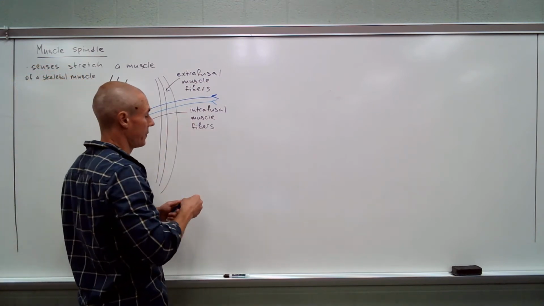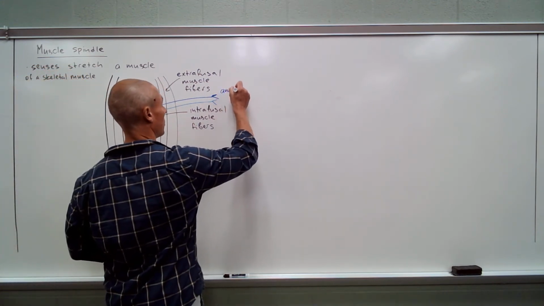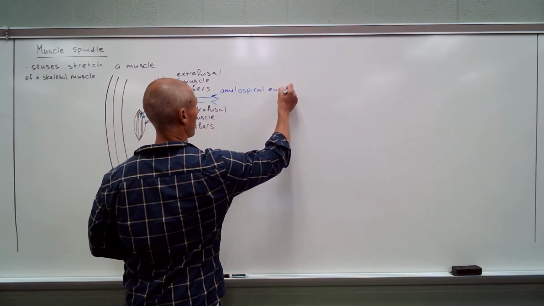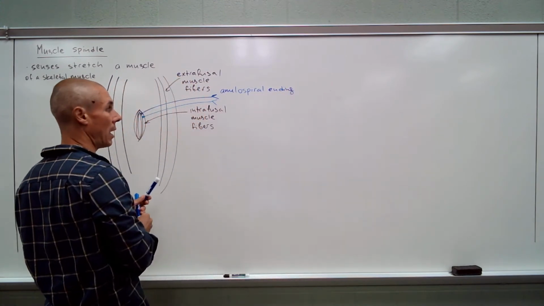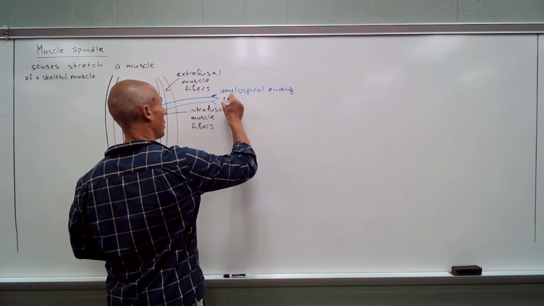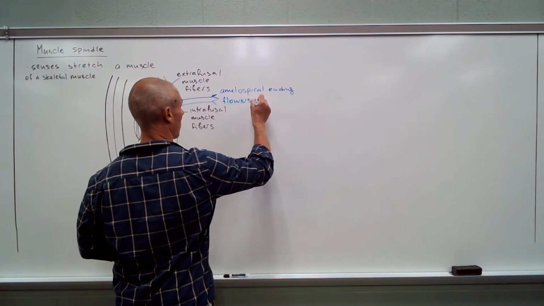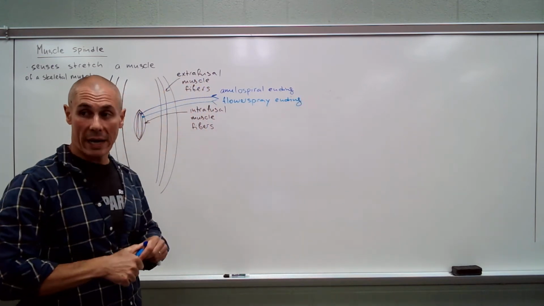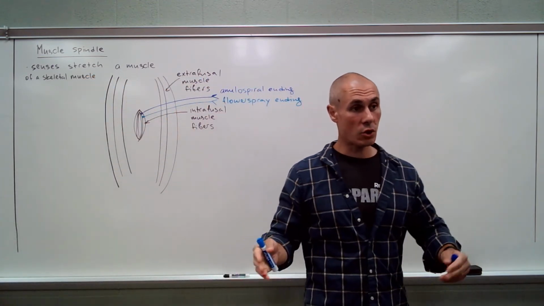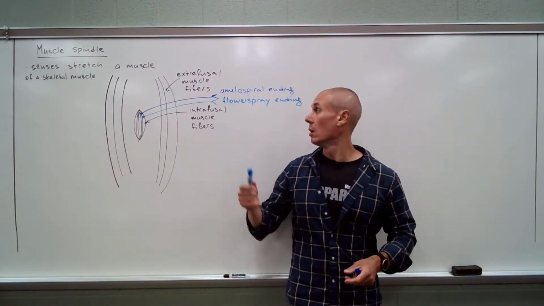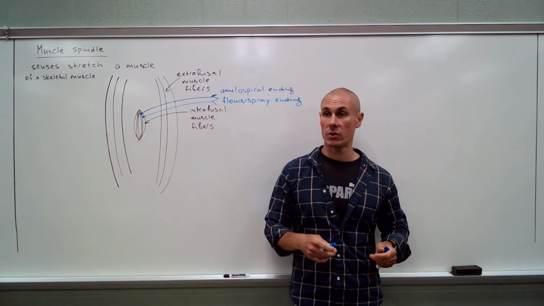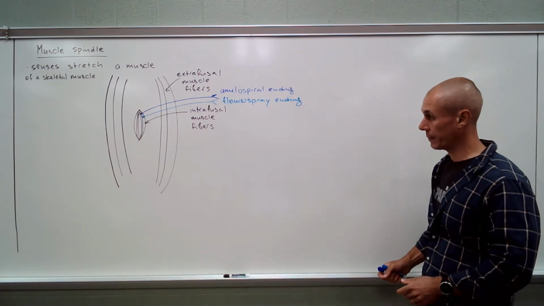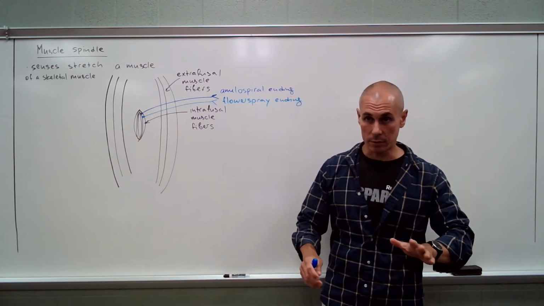So one of them is called annular spiral ending, and another is called flower spray ending. So annular spiral can sense how big the stretch is and how fast it happens. Flower spray ending only senses the degree of stretch, how big it is. It can't sense the rate of the stretch. Okay, so far we're good, right?